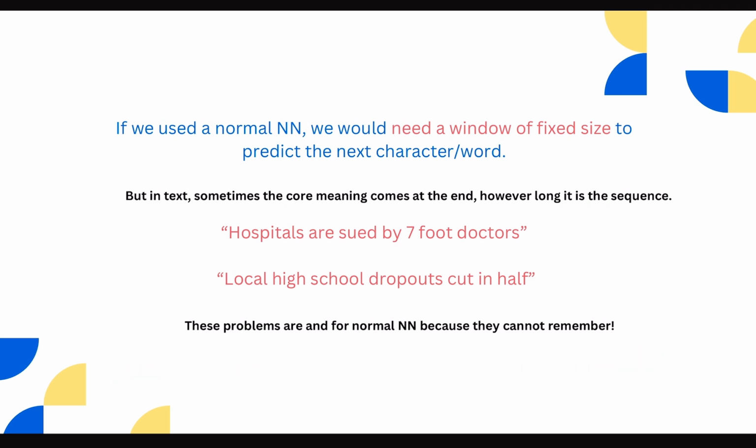Let's look at these examples. Hospitals are sued by 7-foot doctors. Local high school dropouts cut in half. Doesn't make sense. Funny, right? For a normal neural network, they cannot remember long sequences, and hence there is a problem.